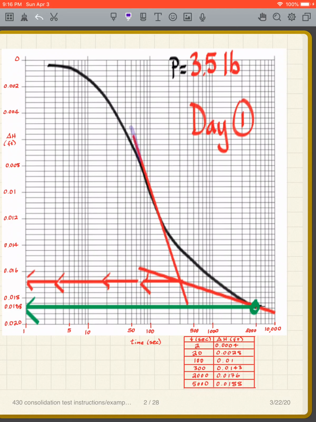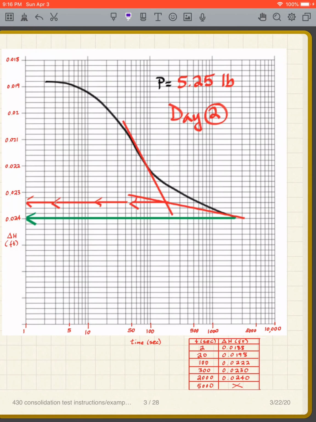So here's a tangent line in the middle of the Z, and there's a tangent line toward the end of the Z, and this intersection point is going to be important here. So let's look at these steps.